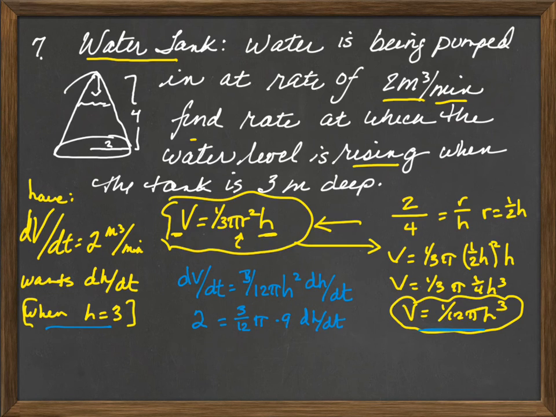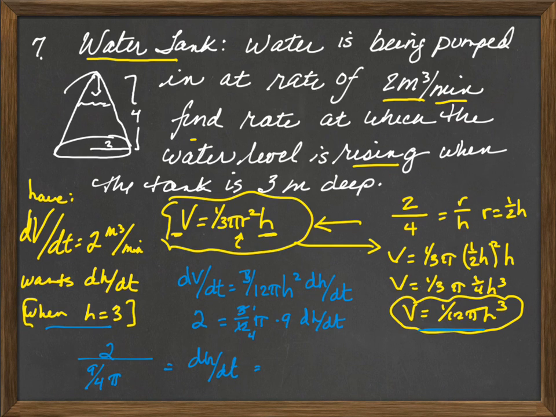Okay, so let's put this back. First of all, this 3/12 would be 1/4. So that's 9/4. So 2 over 9/4 pi would be dh/dt.